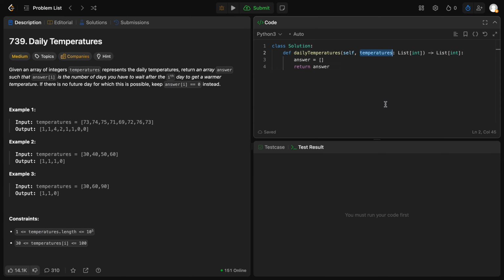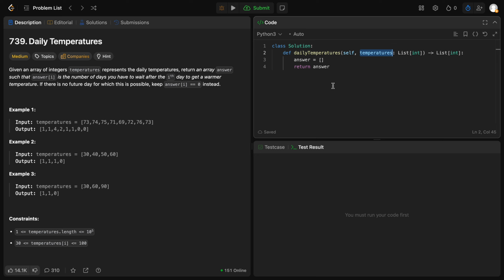So temperatures, again, some basic clarifying questions. What can its size be? Can it be empty? How big can it be? It just says integers. Can those integers be negative? What's the range of the integers? What are the boundaries? There's no particular order to this, so you gotta keep that in mind.